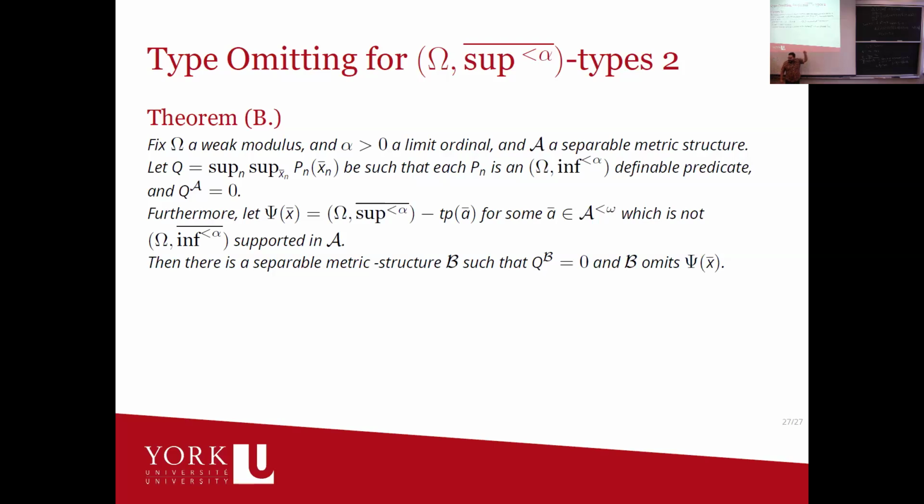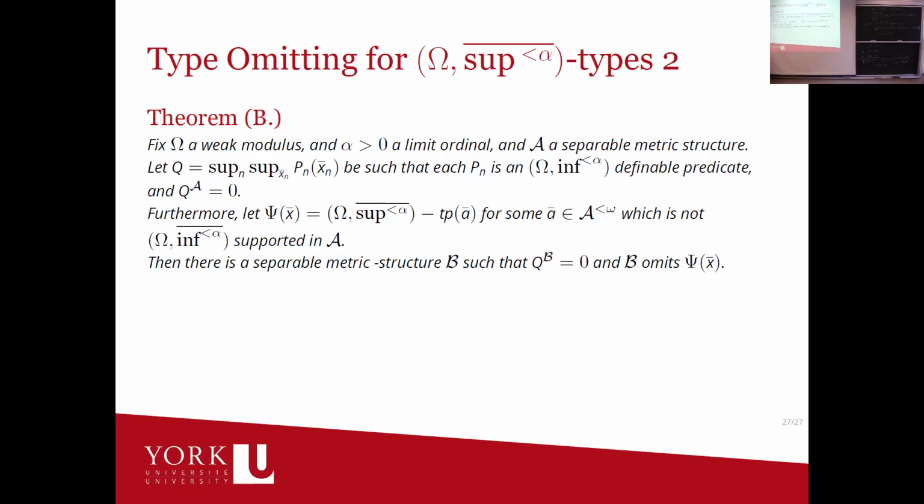But I can only do it for limit ordinals, because there's a weird spot where I have to increase the complexity by 1. And I have not managed to figure out if you can fix that.